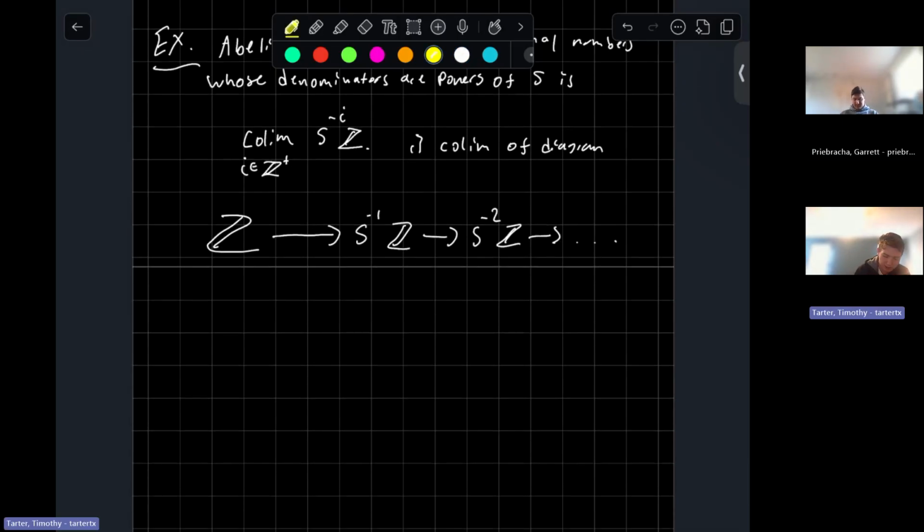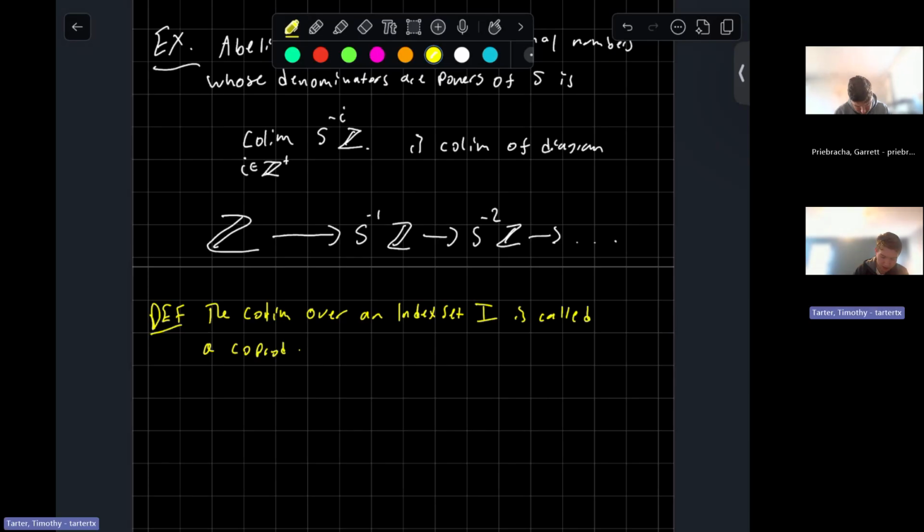And then just as a definition, the colimit over an index set I is called a coproduct, denoted like so.